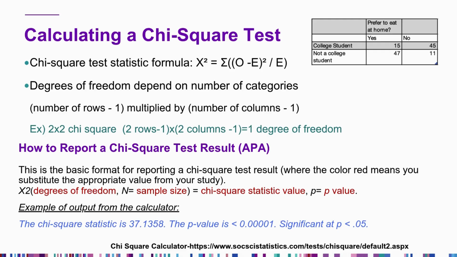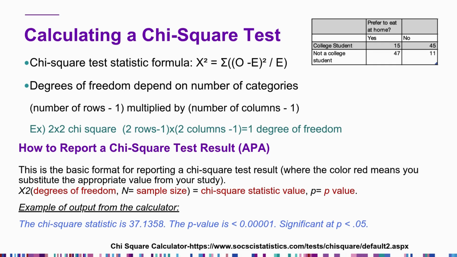The degrees of freedom depends on the number of categories and is found by simply taking the number of rows minus 1 and multiplying that by the number of columns minus 1. So for example, if you do a 2x2 chi-square, like our college student example, 2 rows and 2 columns, you would have 2 minus 1 times 2 minus 1.